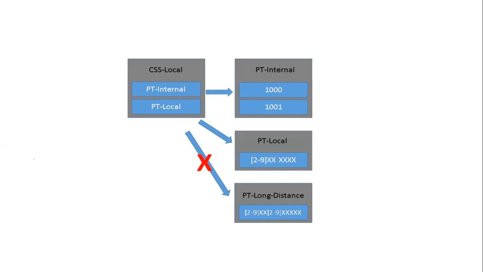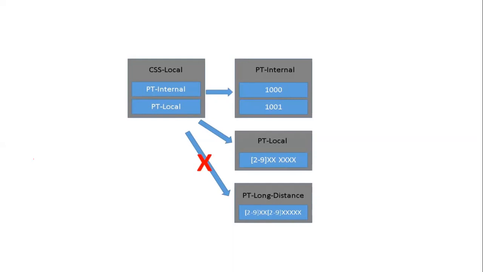To reach the 2-X pattern of PT local, the CSS should have PT local within it. And the third pattern, PT long distance, will not be reachable from this phone, as the CSS does not have the PT long distance partition.